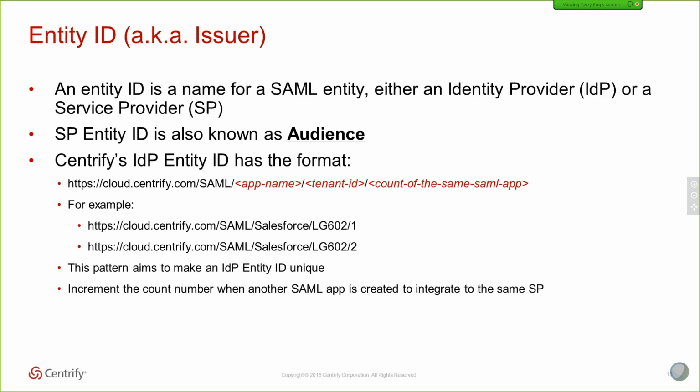Now, issuer is actually the name that you see in a generic SAML application, as well as inside the SAML response and the SAML request. But it really does have another name called entity ID. So if you see entity ID, now you know it means issuer. If you see issuer, it also means entity ID. And this applies to both IDP and SP.